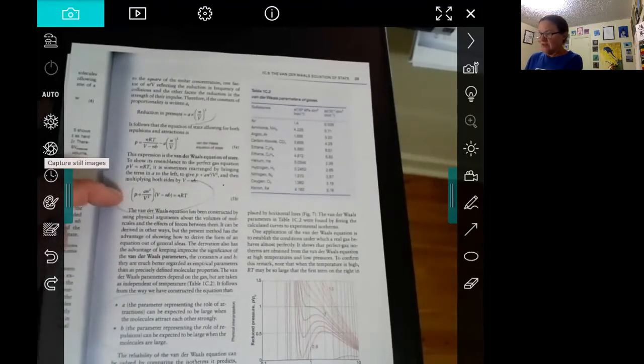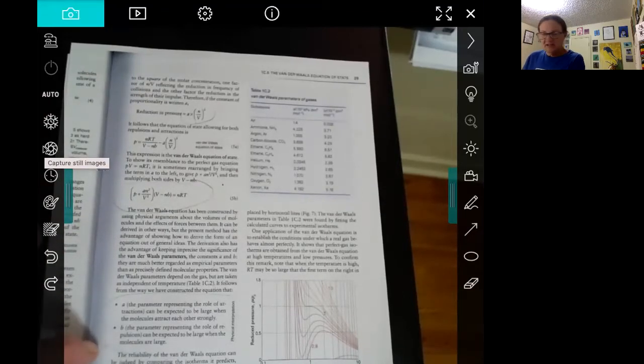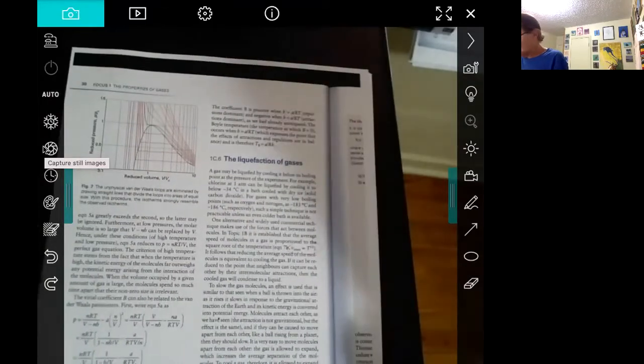So depending on what you're interested in, if you're interested in more exact work, you'll probably use the virial equation because you can keep adding more and more corrections. If you're more interested in seeing how your gas is behaving and what the forces are important, you'd probably use the van der Waals equation of state.